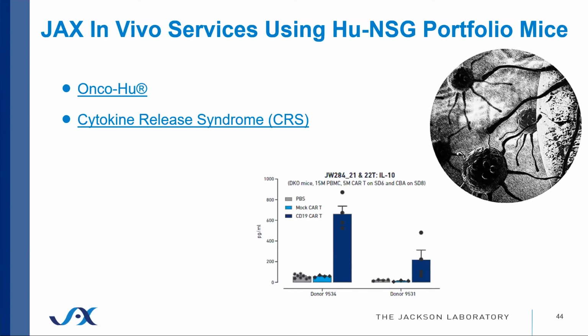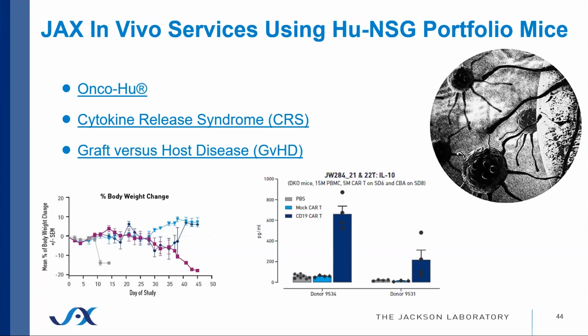So it's important to characterize the propensity for CRS, and JAX has a unique platform for doing that in humanized mice. And in addition, we can perform efficacy testing of any agents that you might be evaluating for their effect on dampening graft versus host disease. Okay, and there's a number of readouts that we can perform, of course, including body weight and survival.